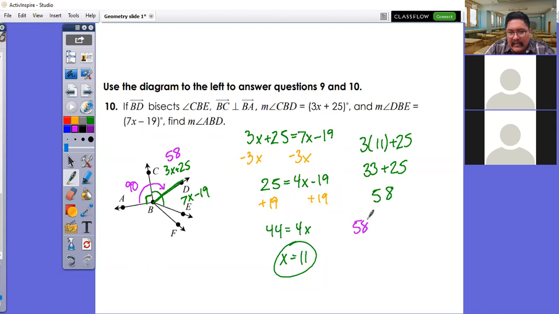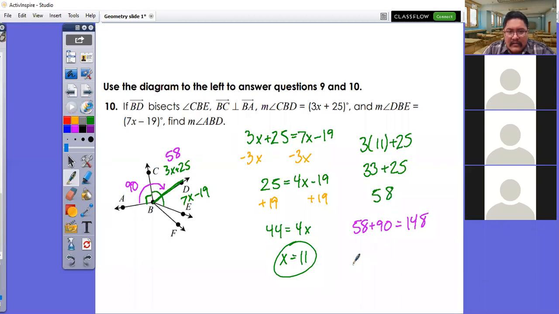So I'm just going to add those two together, 58 plus 90, and that would be 148. So even though it looked like it was pretty difficult at first, it wasn't actually that tough. So now we just got to label it M, which means measure of angle ABD is equal to 148.